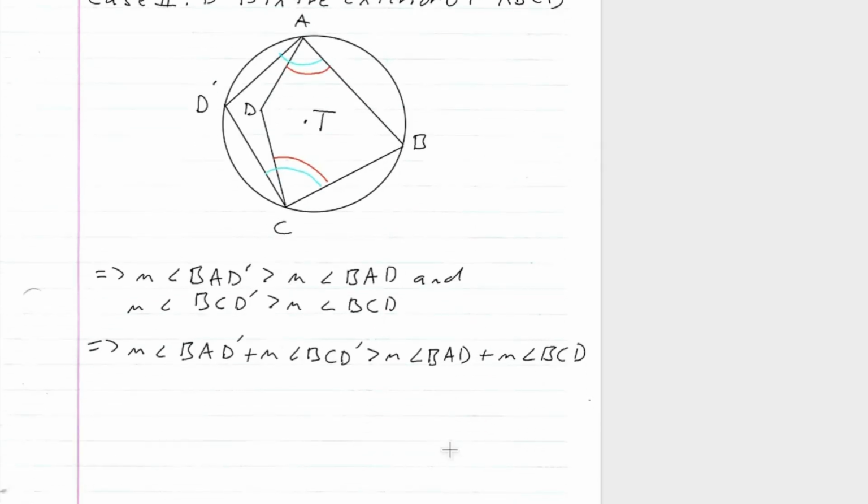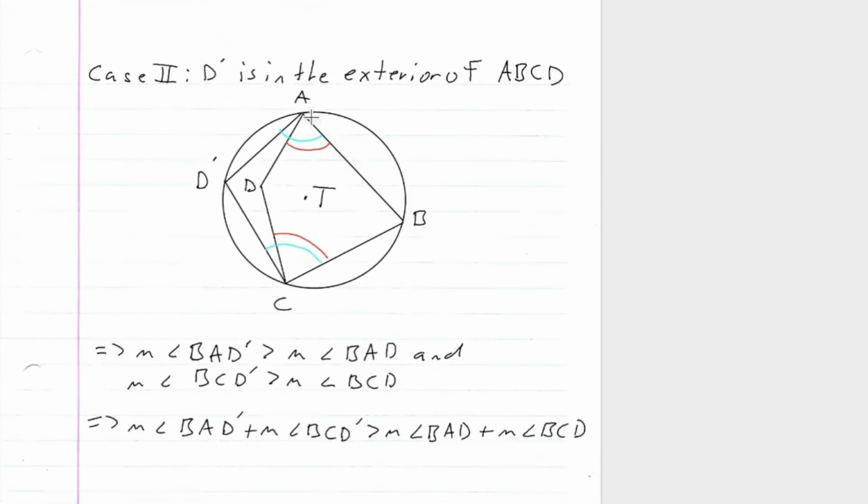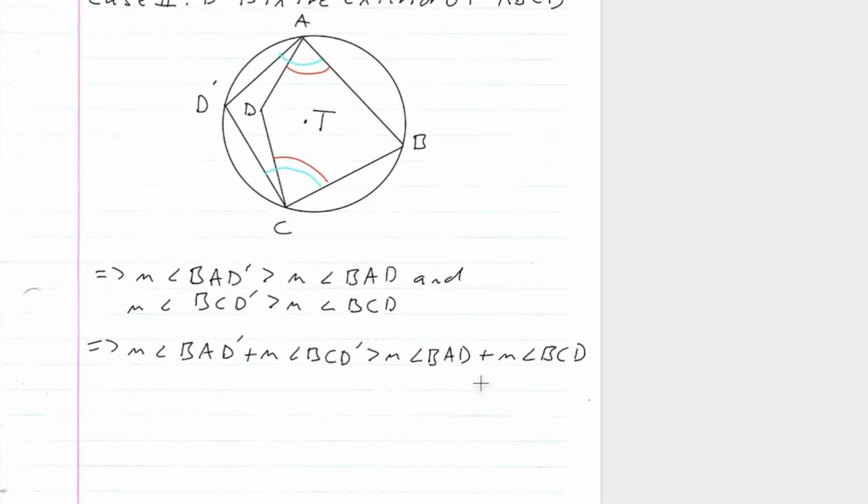But remember, we assumed that quadrilateral ABCD was such that the sum of its opposite angles is 180. So this implies that the measure of angle BAD prime plus the measure of angle BCD prime is bigger than 180.